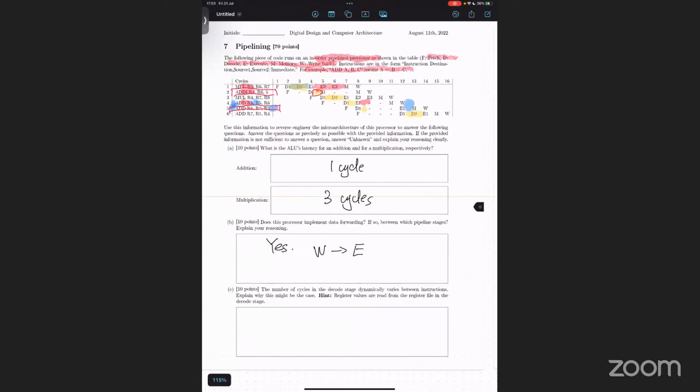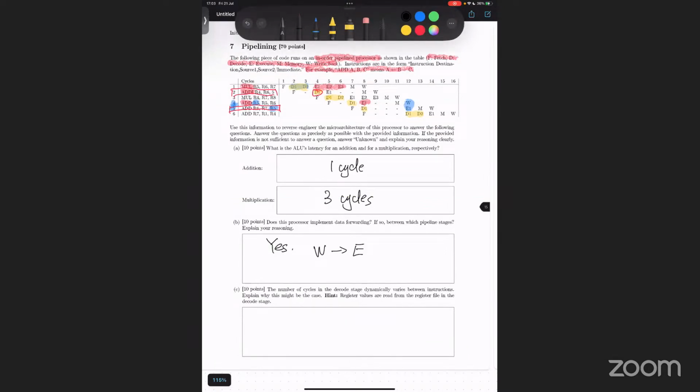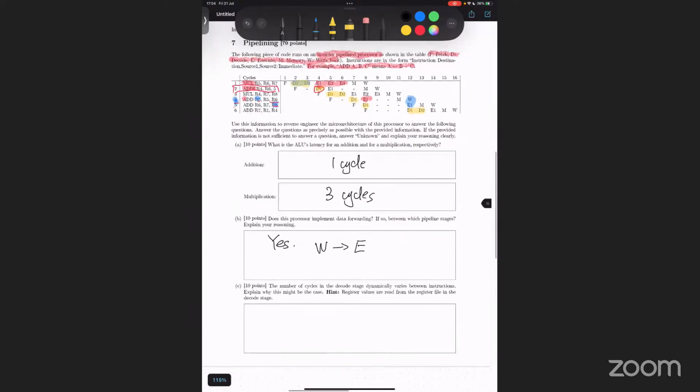Actually, this shouldn't impact the number of cycles in the decode stage, because the result is forwarded from the write back stage anyway, but still, for the second add immediate instruction, we can observe this.